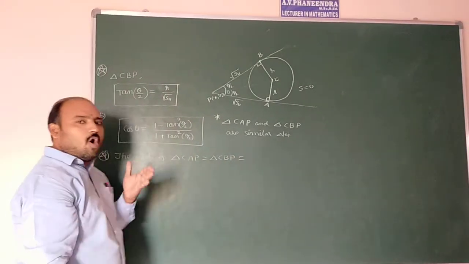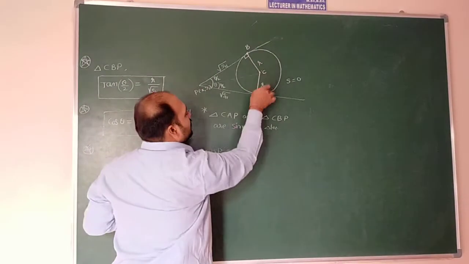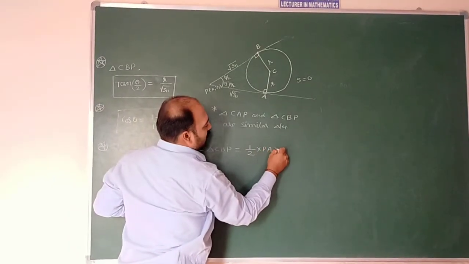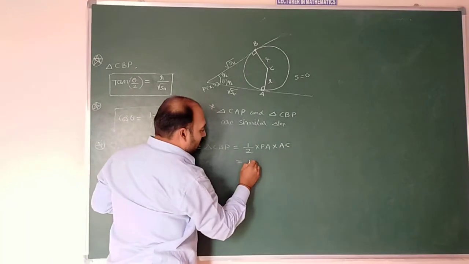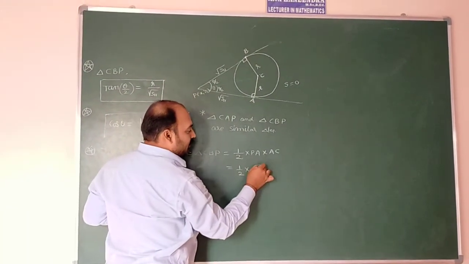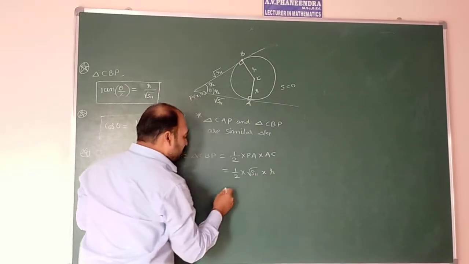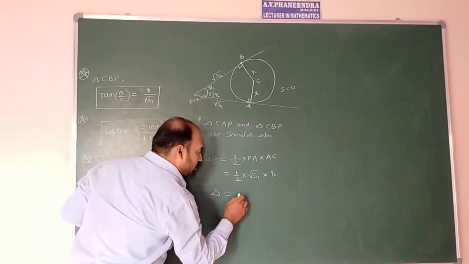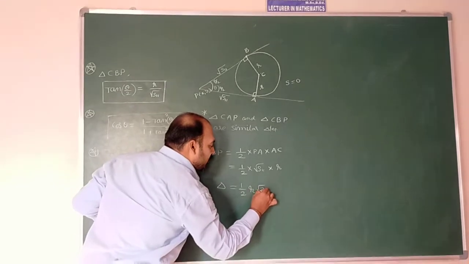Area of triangle, we know, is half into base into height. Half into, if we consider this diagram, base is PA into height is AC, which is equal to half into PA, which means the length of tangent, it is root S11, into AC, the radius. Therefore, the area of triangle is delta equal to half into r into root S11.